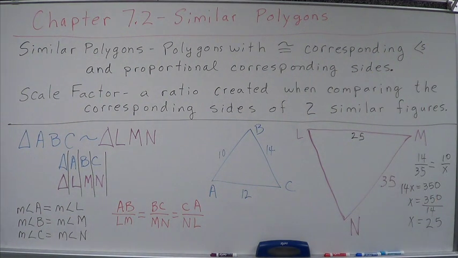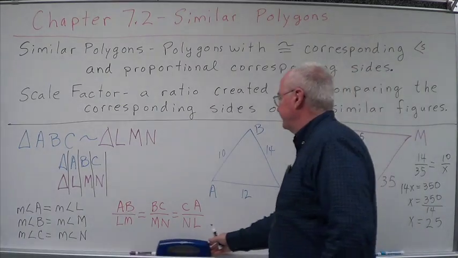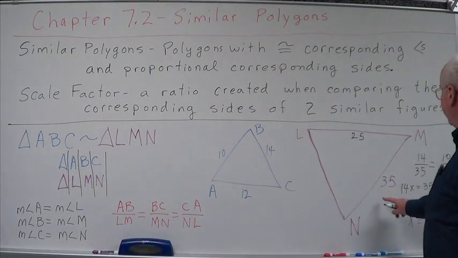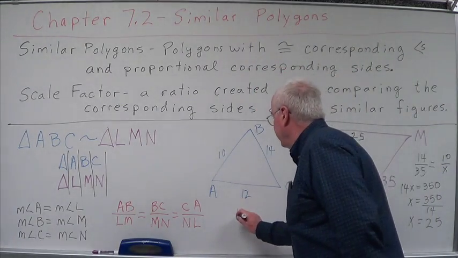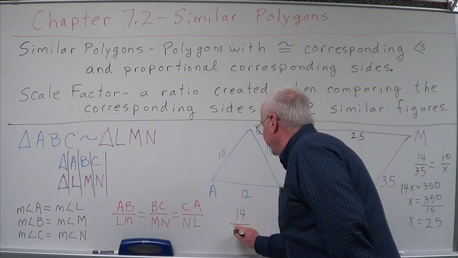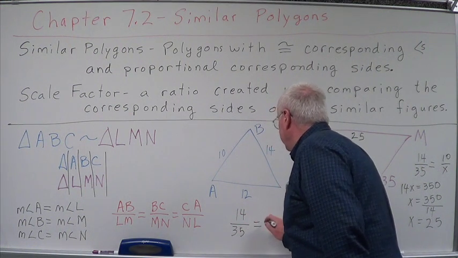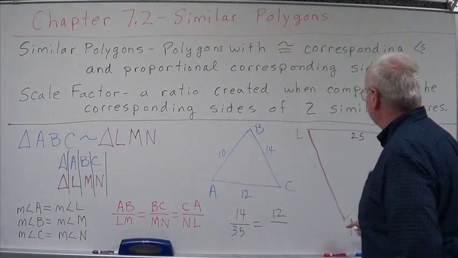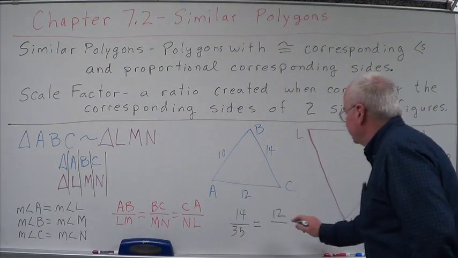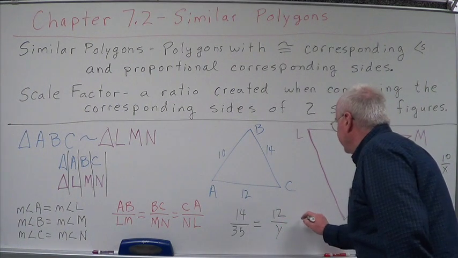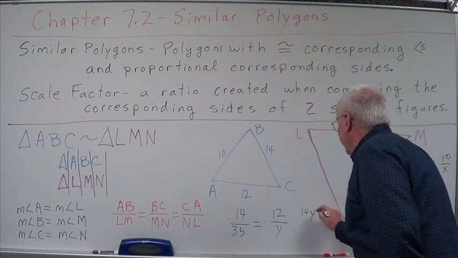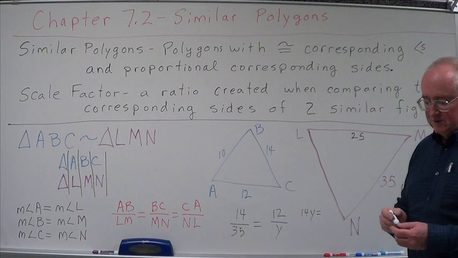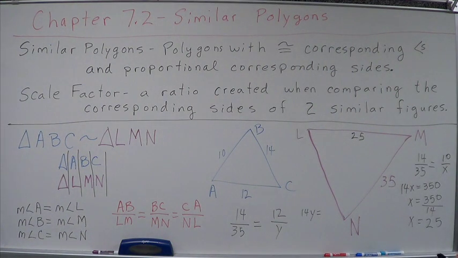Let's do the other one. We have 14 is to 35 equals 12 is to CA, which is NL. Let's call that Y. 14Y equals, I think it'll be about 420.